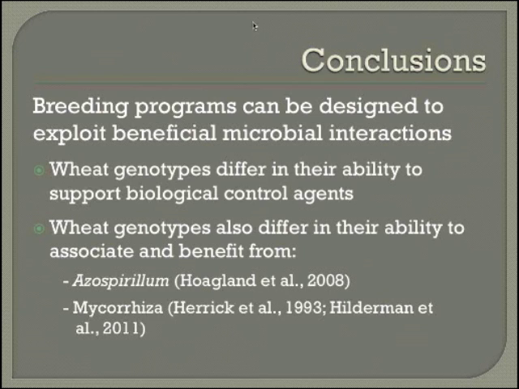There have been some studies showing wheat varieties differ in how they associate with mycorrhiza, and I've done some work looking at wheat varieties and how they associate with Azospirillum, a bacteria that helps the plant fix nitrogen. So I think we can start to target this.